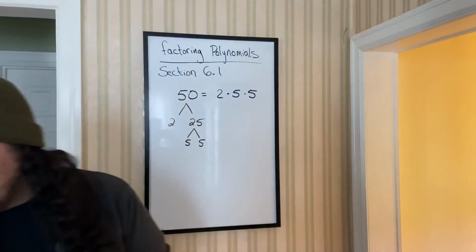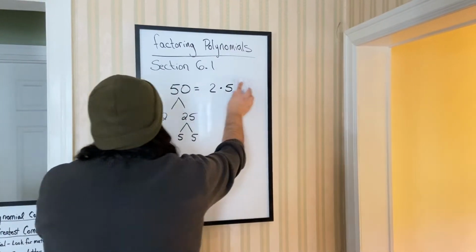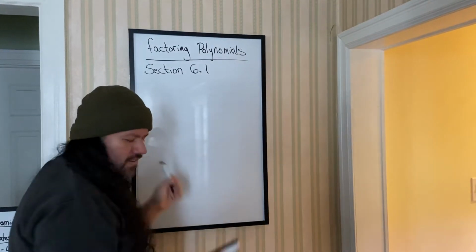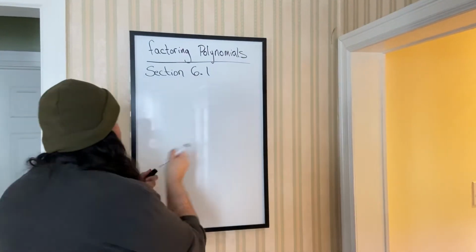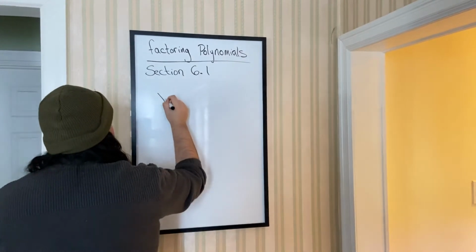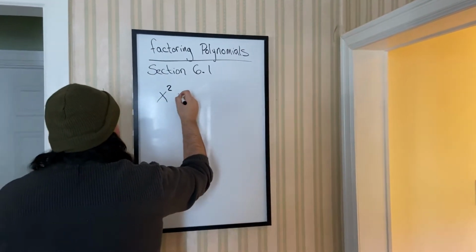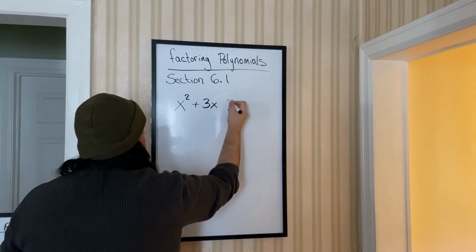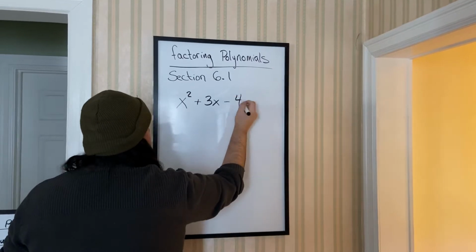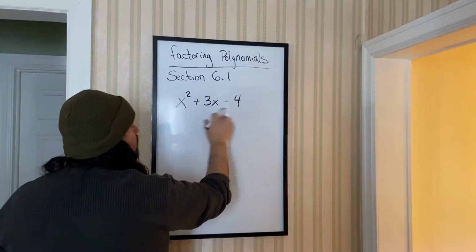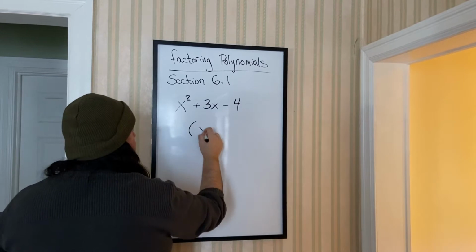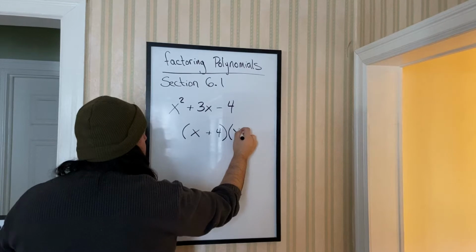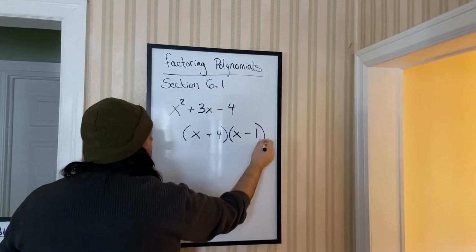When we're multiplying polynomials, we know what polynomials are. If you recall from the last unit, they are items that are separated by addition and subtraction signs. So if you had x squared plus 3x minus 4, I can tell you that we can break this down to be x plus 4 times x minus 1.